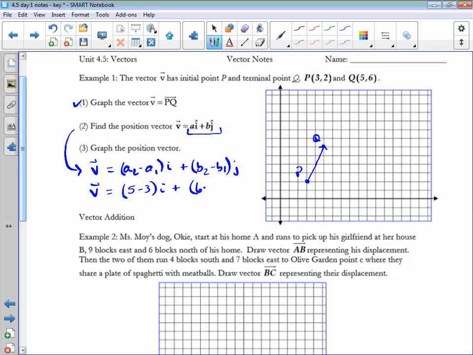So 6 minus 2. So the position vector is just 2i, and these should have little hats on them. I'm always forgetting my hats. Plus 4j. Okay, that is the position vector.